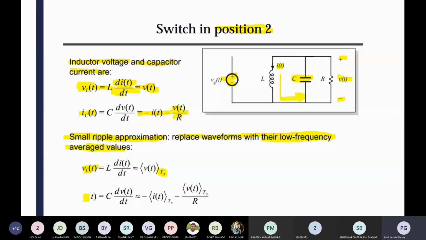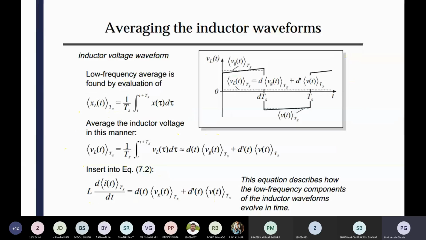The inductor and capacitor currents will again be averaged over the switching time period. So you will replace them and you can neglect all those high frequency ripples.